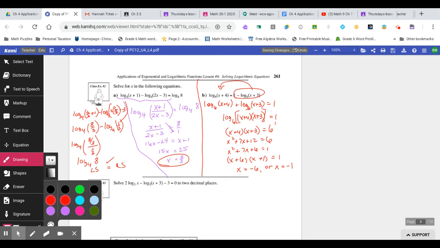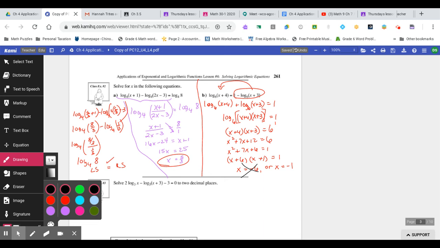All right, are both of those going to work? Could throw them back up and you can see right away that there are some that aren't going to work. So without even checking, if I put a -6 back into the first one, I'm going to have, well, either side, I'm going to have a negative argument. So -6 is not allowed. Does your -1 work? So don't throw it out only because it's negative.